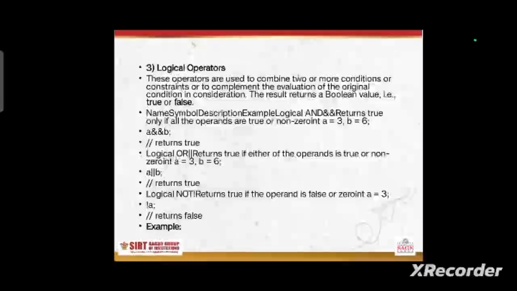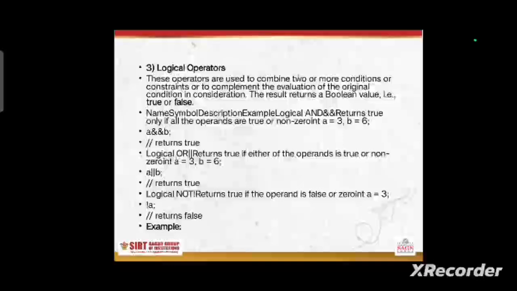Now the logical operators, in which I have to find the true and false value. If I want to know whether a value is true or false, then we can use the logical operators. These operators are used to combine two or more conditions or constraints, or to complement the evaluation of the original condition in consideration. The result returns a boolean value, true or false. If the condition is true, then it will give the result true.